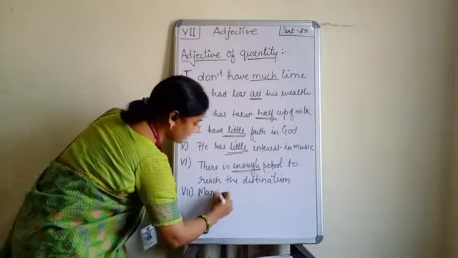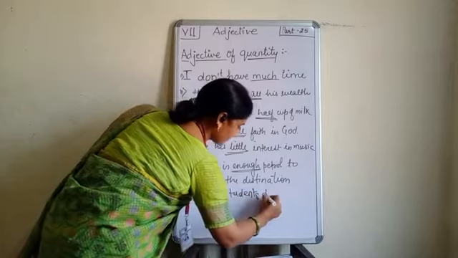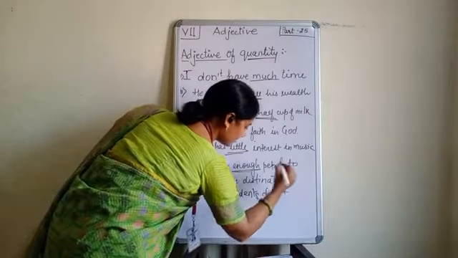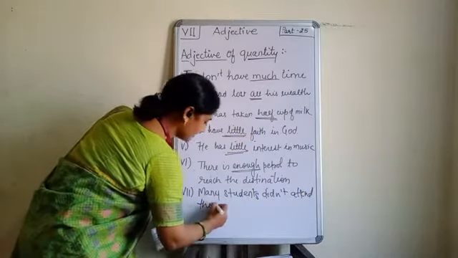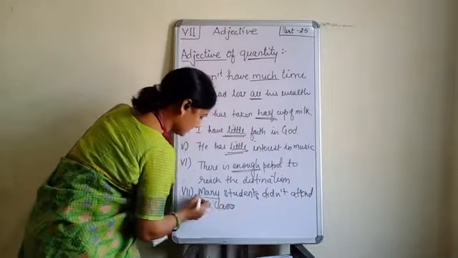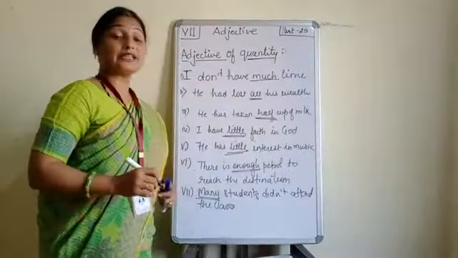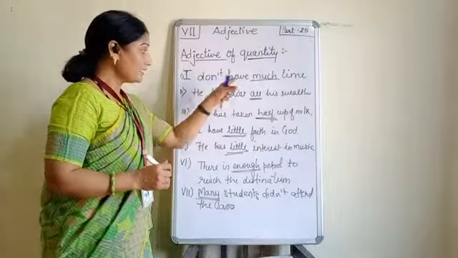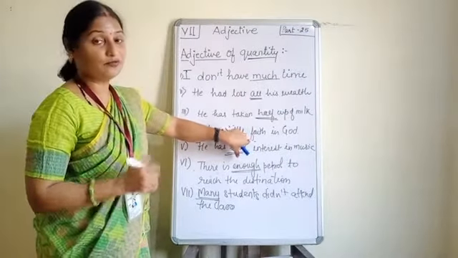Many students didn't attend the class. Many. Okay. So, in all these cases, these words are known as adjective of quantity.